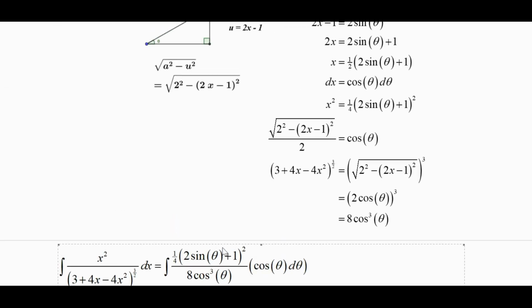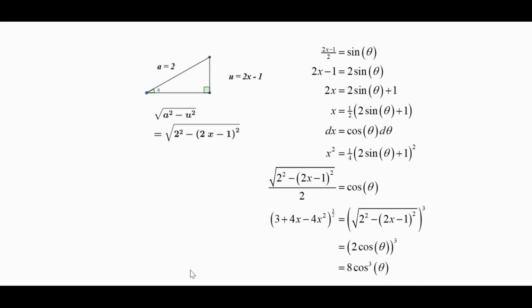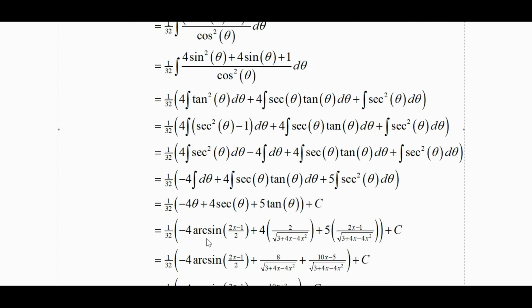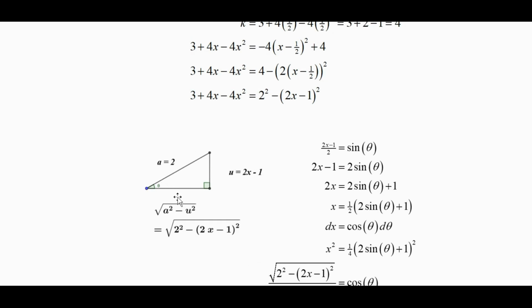Now we have to substitute back in. Okay, go back up to our picture here. We have theta. Well, remember, sine of theta is 2x minus 1 over 2, which we have right there. And so theta is the arc sine of that 2x minus 1 over 2, which is what I have here. Plus, I need this 4 times the secant of that theta. Okay, secant theta is going to be 1 over cosine.